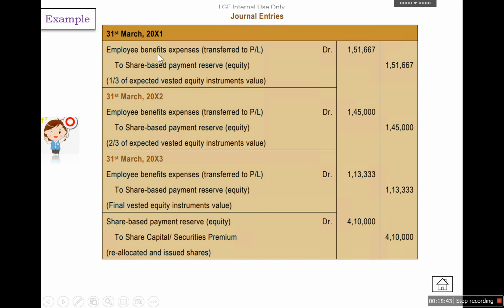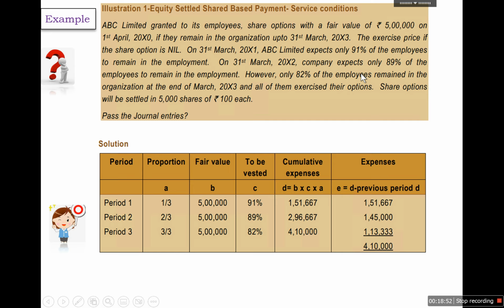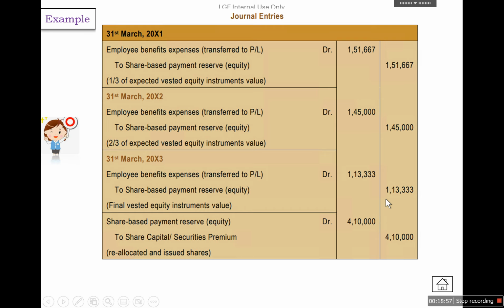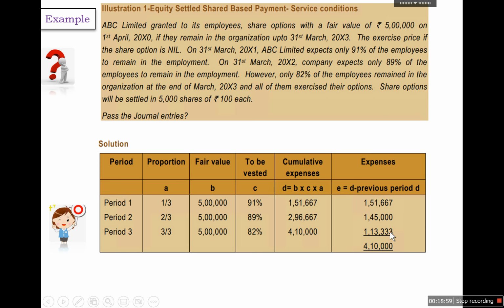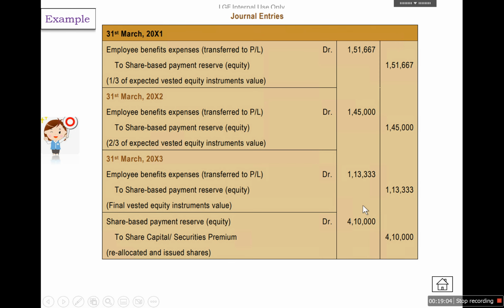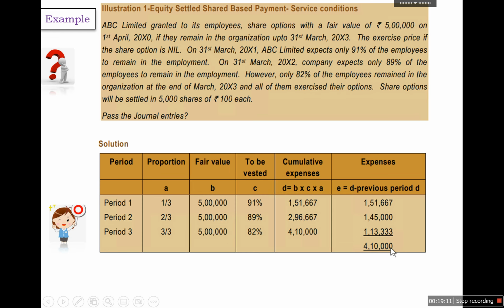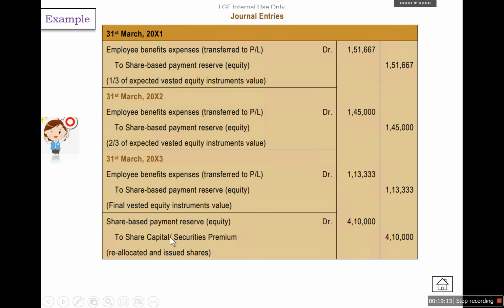In the first year, we will book employee benefit expenses, debit to share based payment reserve, 1,51,667 that we calculated here, and next year we will book 1,45,000, the same entry. In the third year we will book 1,13,333. So the total amount booked in share based payment reserve in 3 years was 4,10,000. This we will transfer to share capital or securities premium account.